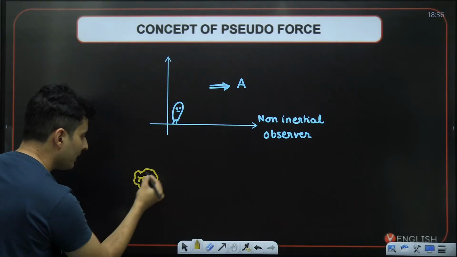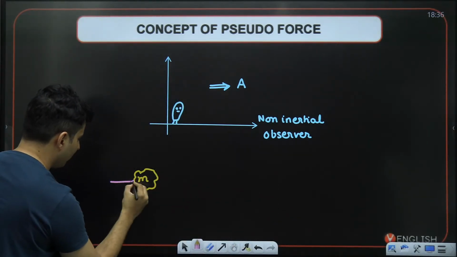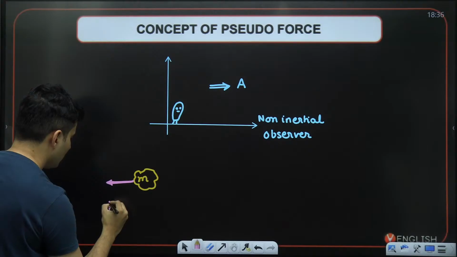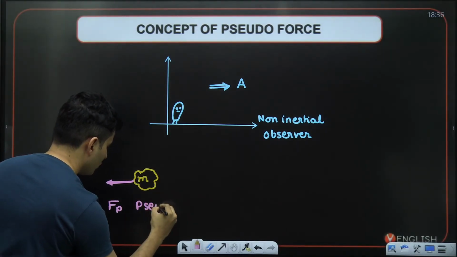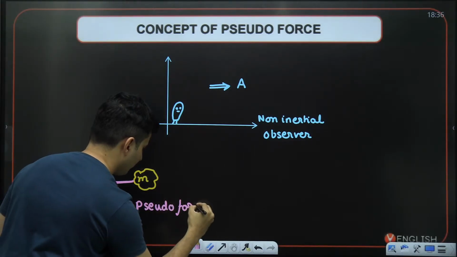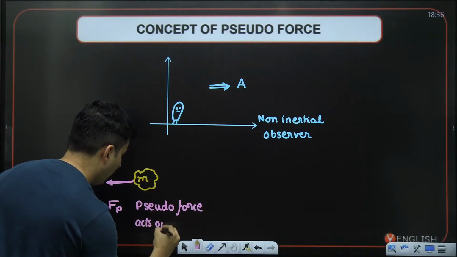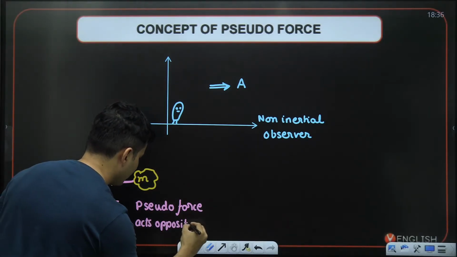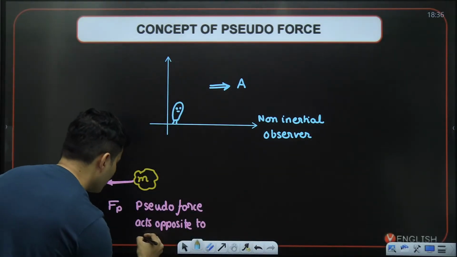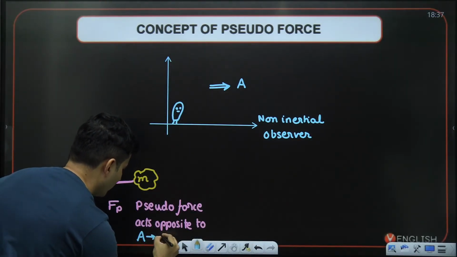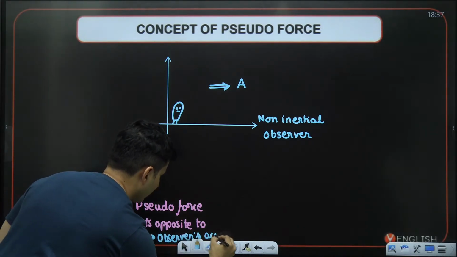This is the body which is being considered. Then you need to show an extra force, which is your FP, which is called your pseudo force, which always acts opposite to A, where A stands for the observer's acceleration.